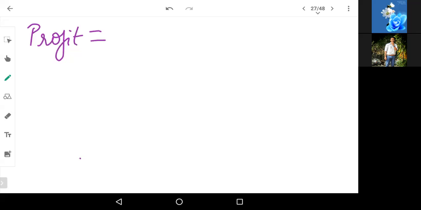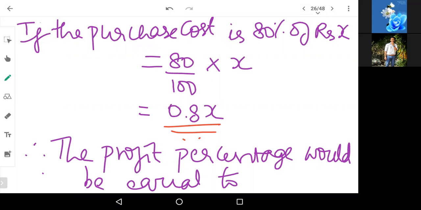In the first scenario, what was the selling price? 1.2x. In scenario number 1, the selling price was 1.2x. Minus, in scenario number 2, what is the purchase cost? 0.8x. Correct? I'm taking whatever we have derived.